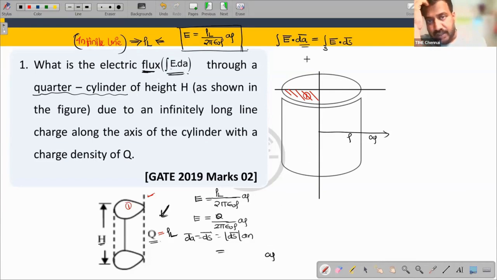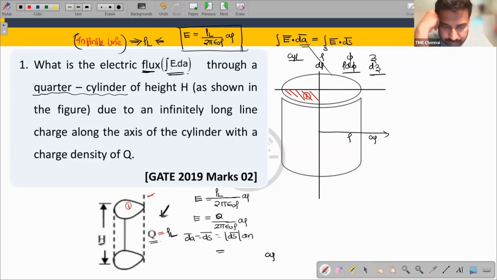Now I want to find the surface. In the cylindrical coordinate system, the coordinates are rho, phi, z. The length along rho is d rho, here it is rho d phi, and here it is dz. Since it is along rho, strike off d rho. The surface area will be the product of these two: rho d phi dz a rho.